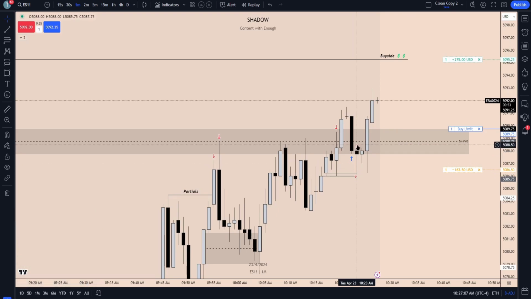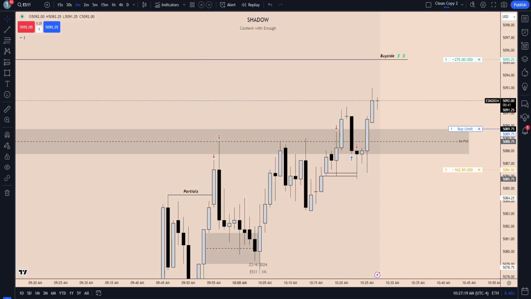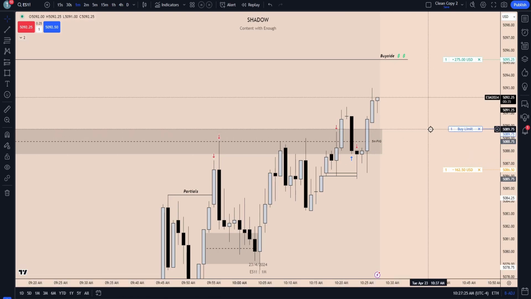Look, he took me out by a tick. So we do overlap not only the bearish, but also the original 5-minute here. So what I'm trying to do is basically use that again.